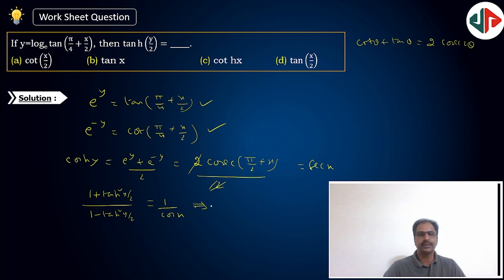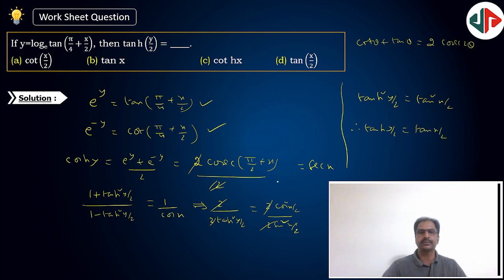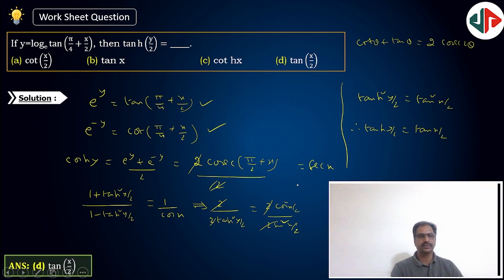So by applying componendo dividendo rule after simplification, you get 2 tan h square y by 2 will be 2 cos square x by 2 by 2 sin square x by 2. 2 gets cancelled, 2 gets cancelled. So tan h square y by 2 is equal to tan square x by 2. Therefore tan hy by 2 is equal to tan x by 2. Option B is the correct answer.